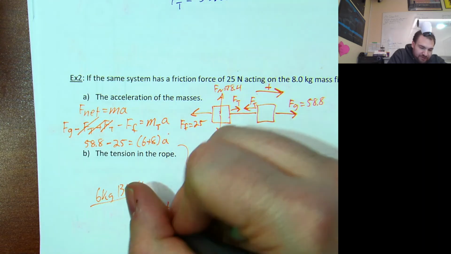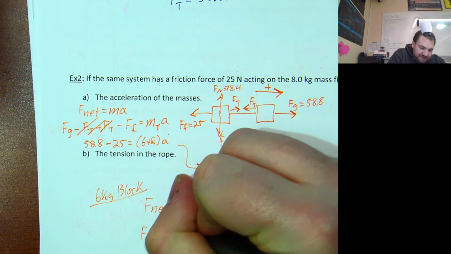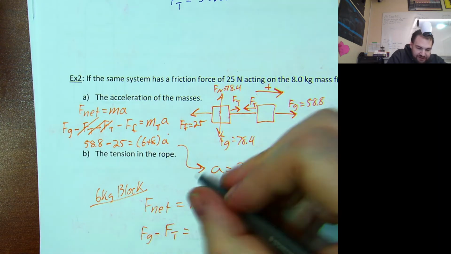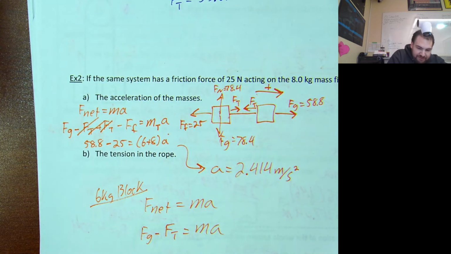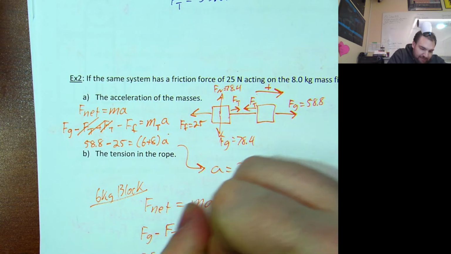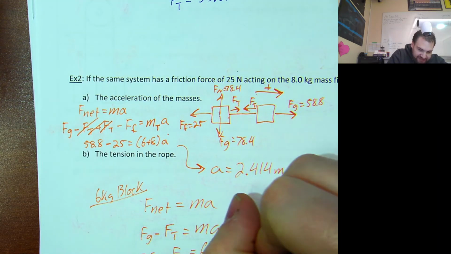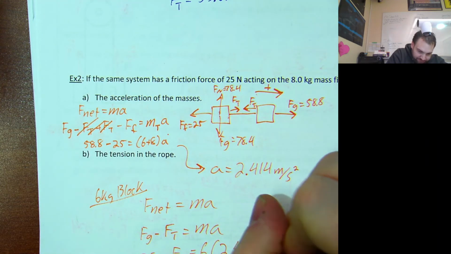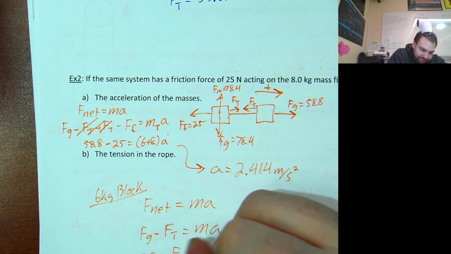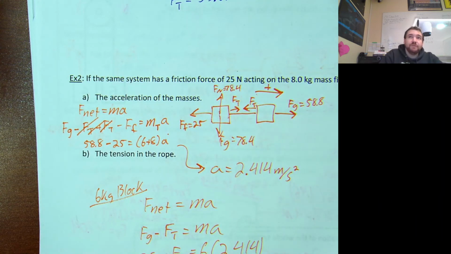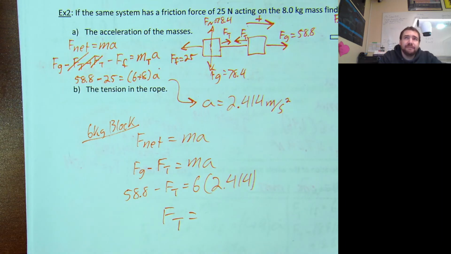So it's going to be FG minus FT equals MA. FG was 58.8 minus FT, which is what we're looking for, equals 6 times the acceleration of the system. Oops, sorry. FT equals what?